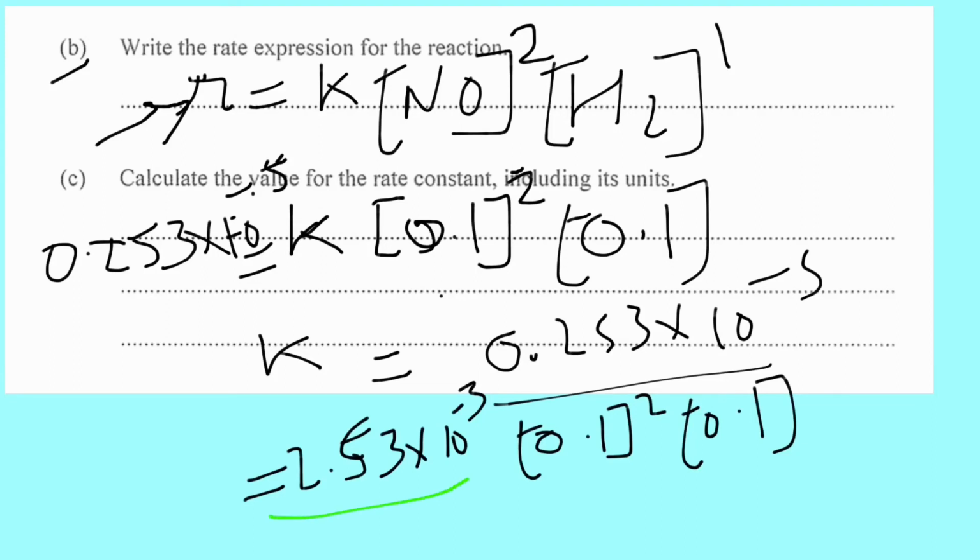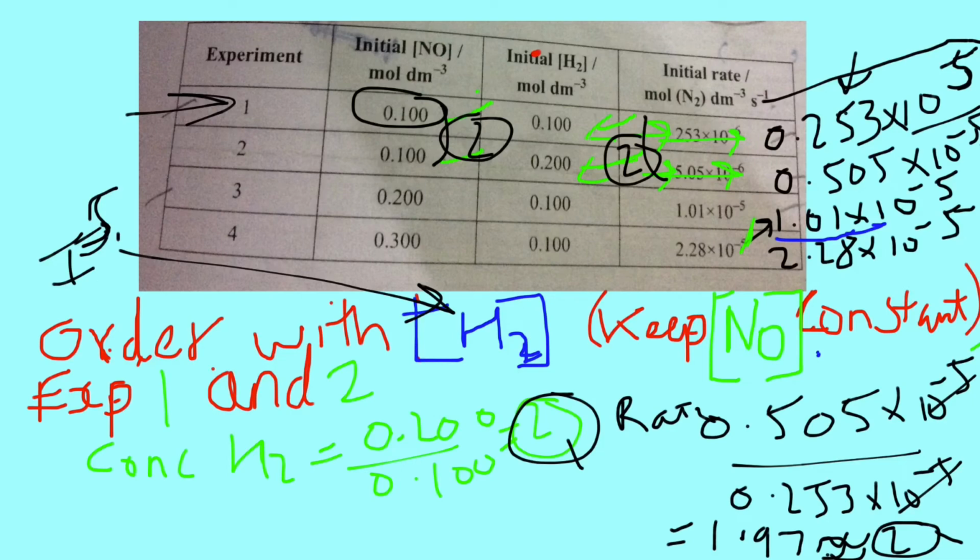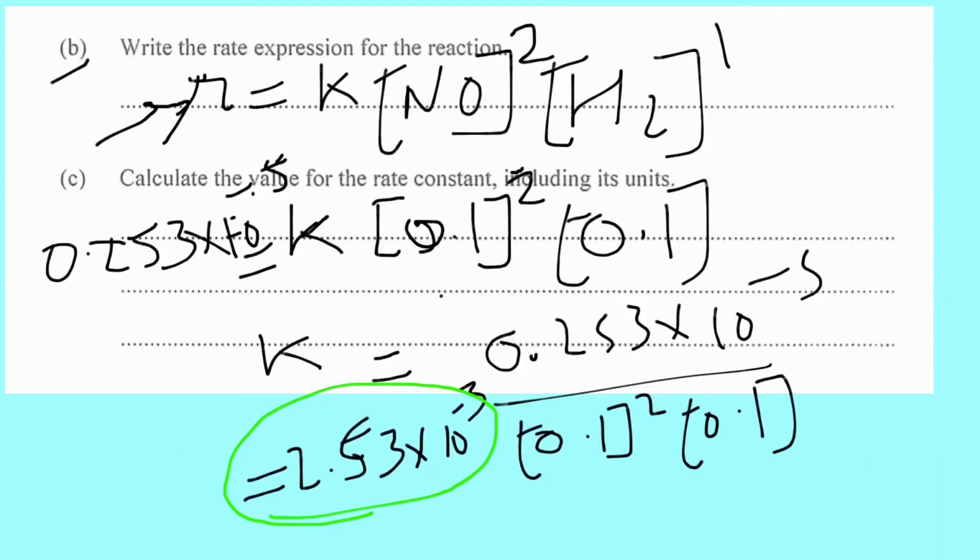But the thing is that we need it including the units. So for finding the units, we have to substitute the units here. Rate they have given in mole per dm cube per second. So in place of rate we will write mole per dm cube per second.